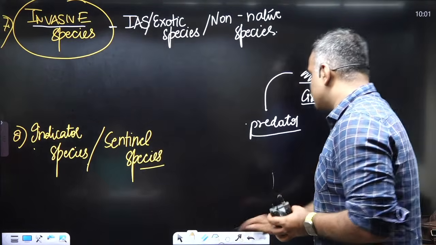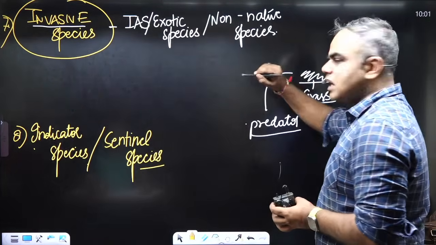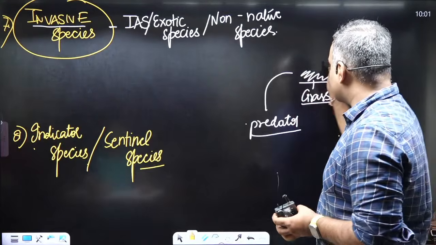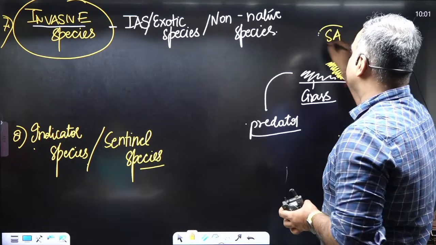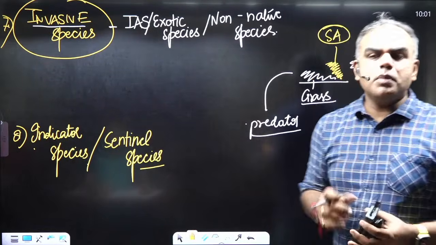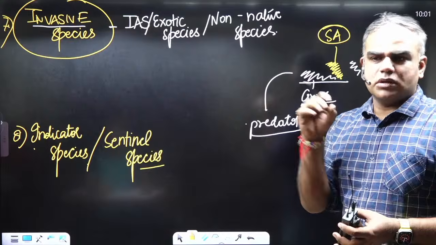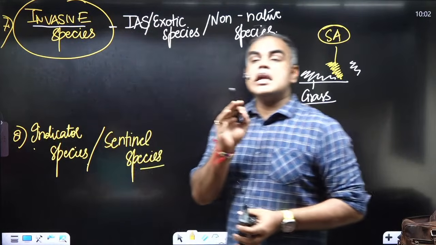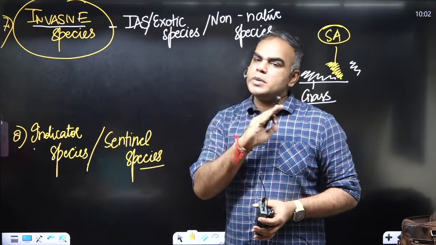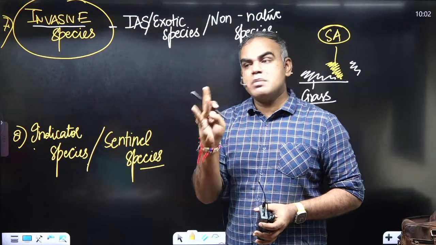South America से मुझे कुछ नई exotic grass मिली. Okay, so which is why I'm using another color. Let's say this is a new grass from South America. Now, the problem will be this grass, or let's say this species, and when I'm saying invasive species, don't think it is only grass. Invasive species can be anything, कुछ भी. वो plant भी हो सकता है, animal भी हो सकता है.